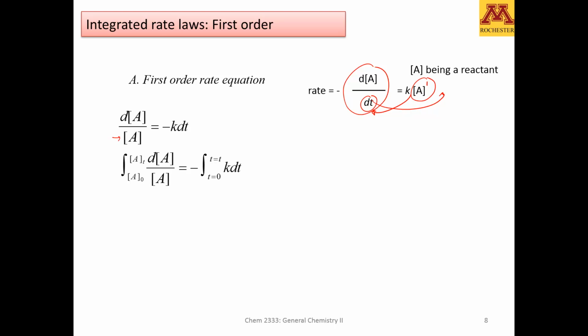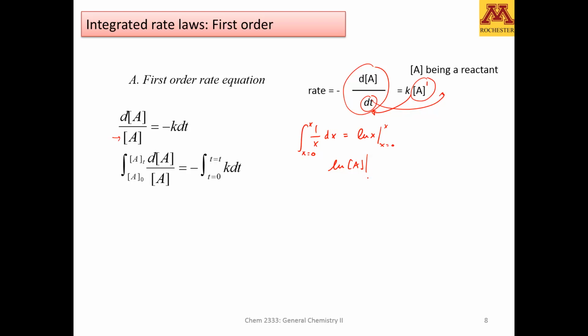You add it up, in other words you do the integral, so you have an integral of 1 over x. Hopefully you know that it's the logarithm of x between x0 and x. In this case you will have the logarithm of A between what limits?